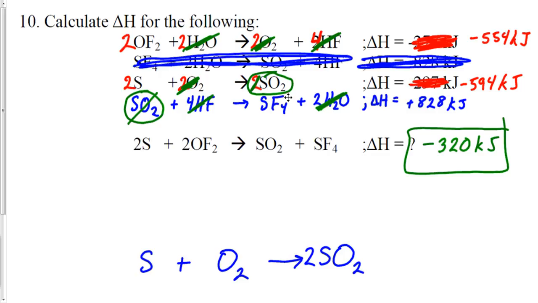But you look and you're left with the exact right answer, but it's doubled. So what do you do? You've canceled everything, you've flipped everything, but your answer's double. You don't have to do anything crazy. Get your delta H, then halve your delta H and you've got the answer. That is the only last trick.